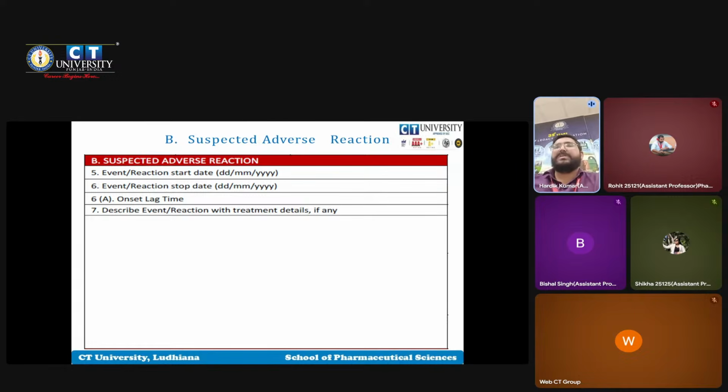If a drug is prescribed on the 8th of February, but the reaction starts on the 10th of February, you have to write here the 10th of February 2026. Event or reaction stop: if it stops on the 12th of February while changing some medication or stopping that medicine, you have to write that date on which the event has stopped.